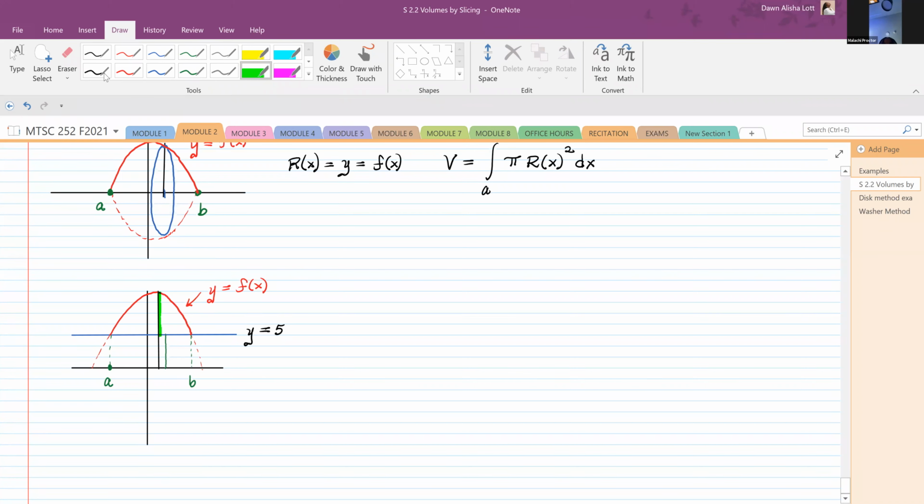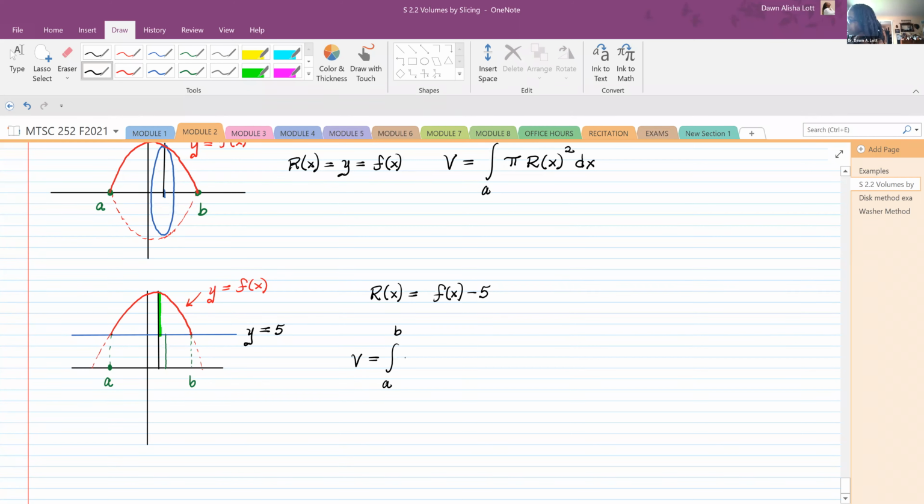So for something like this now, my radius would be to take the top function f of x and to subtract the bottom function, which might be 5. So now the volume would be the integral from a to b still. I still go from where it hits there, not where it hits the x-axis, but where it stops.